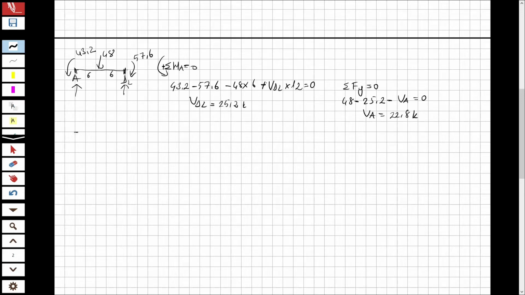And now let's make the calculation for the second part, from D to C. I also have a force here, 48, and a moment from D to C of 64.8, and this one is 0. So I'm going to take the total moment at C equal to 0.